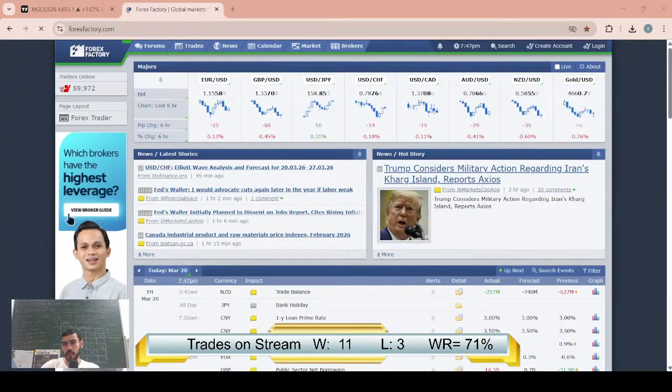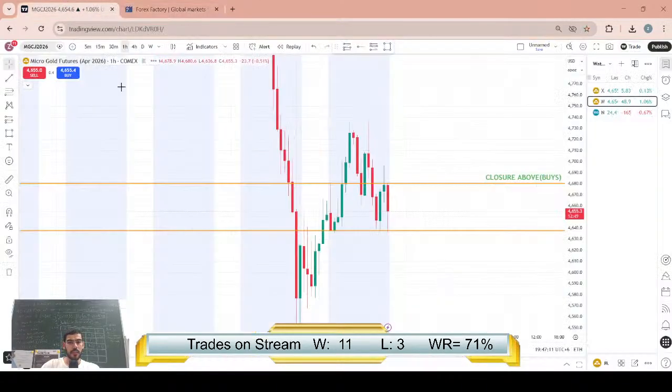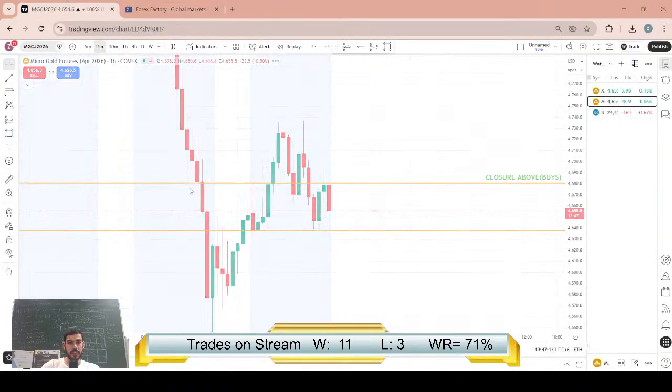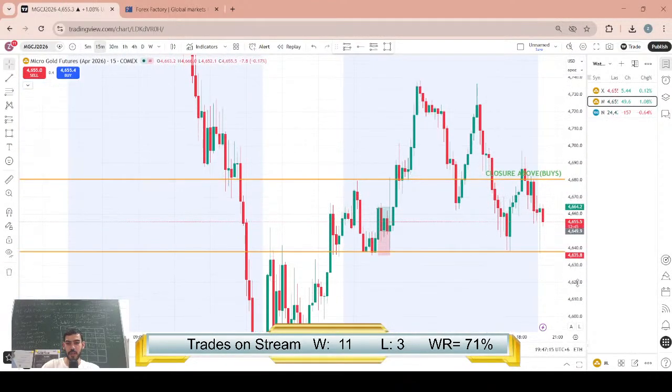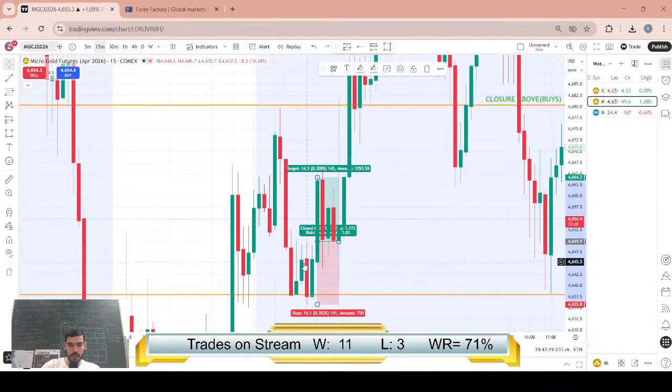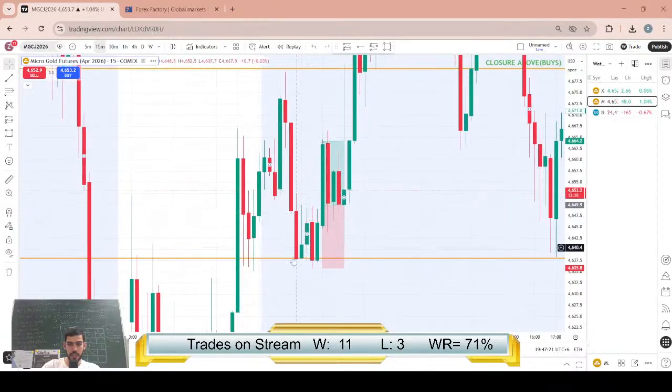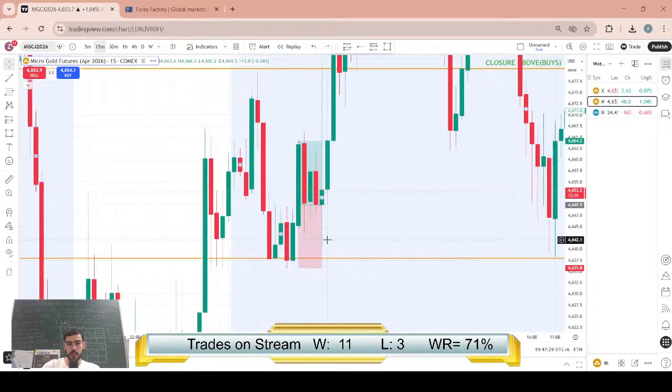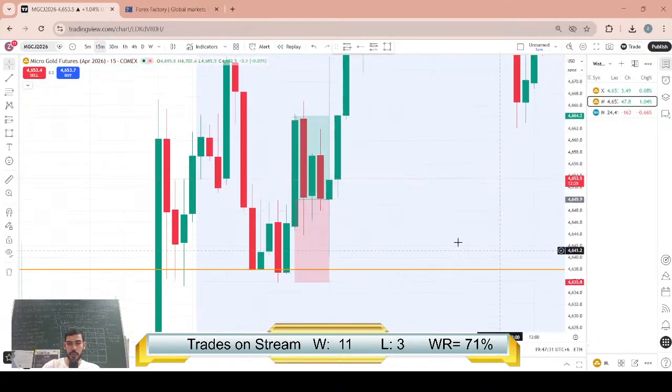Almost 100 pips, but I do manage risk. Man, perfect execution. That was amazing. 100 pips is not a small amount of pips. 100 pips is really good. Wow, look at that. So price created a support, tried to break below the support, failed, grabbed liquidity, and then created the second support. It looks like the perfect setup actually.